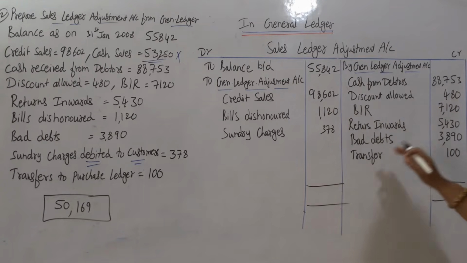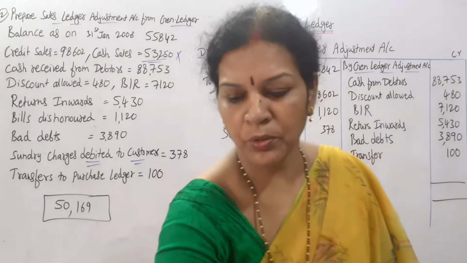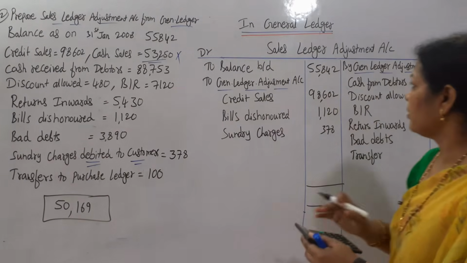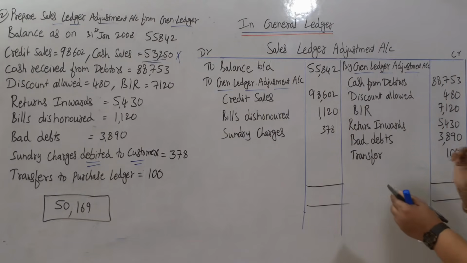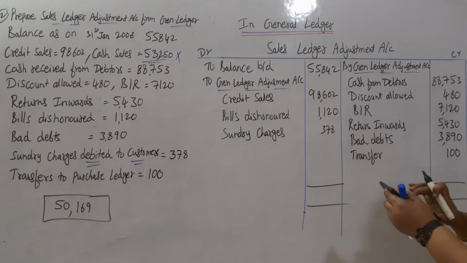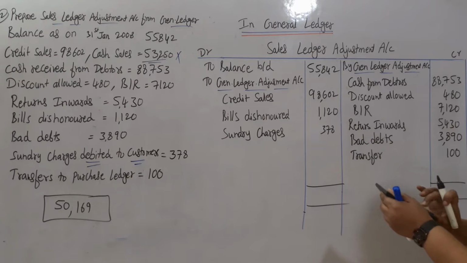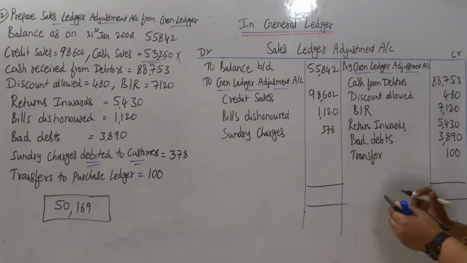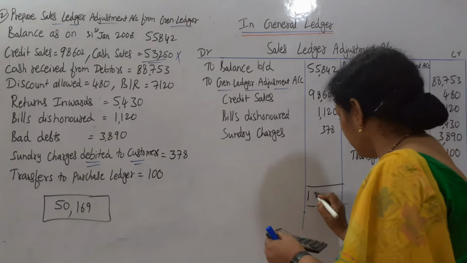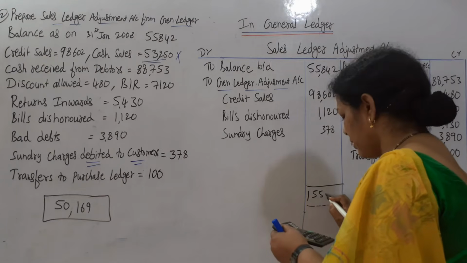Which side is more? As usual it seems the debit side is more. So first I'll total the debit amount. 55,842 plus 98,602 plus 1,120 plus 378. It is coming to 1,55,942.